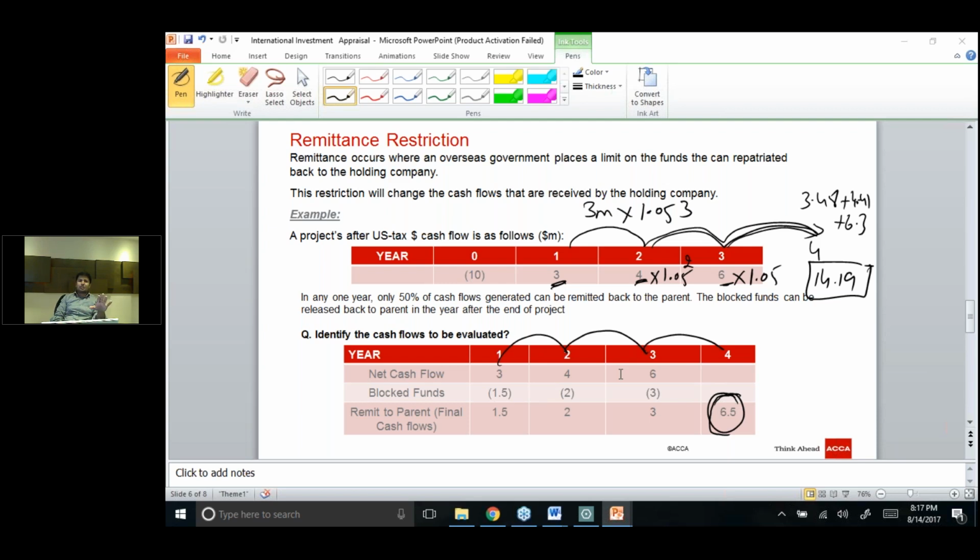Do not show calculation, but at least write some explanation that you know that these funds should have been reinvested. You will get the marks. Remember one thing: if you get stuck in the calculation, just explain it. You will get marks on the explanation.